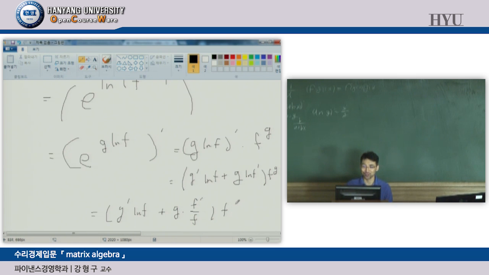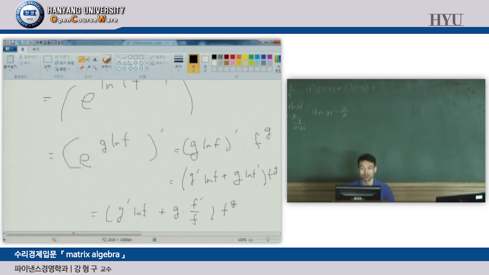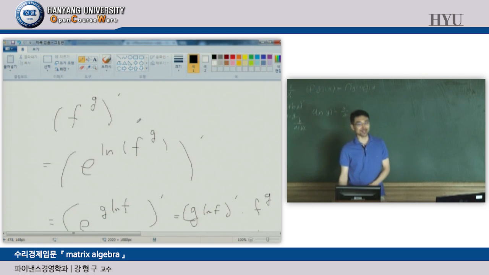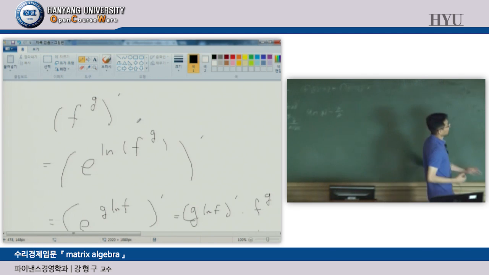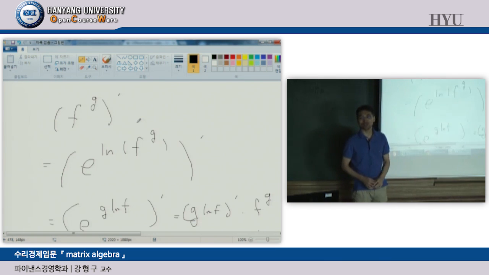So it is g prime ln f plus g f prime over f, times f to the g. Well, it is now done. So yeah, it looks intimidating, but you know that's why we love exponential functions, right? They make our life easy.